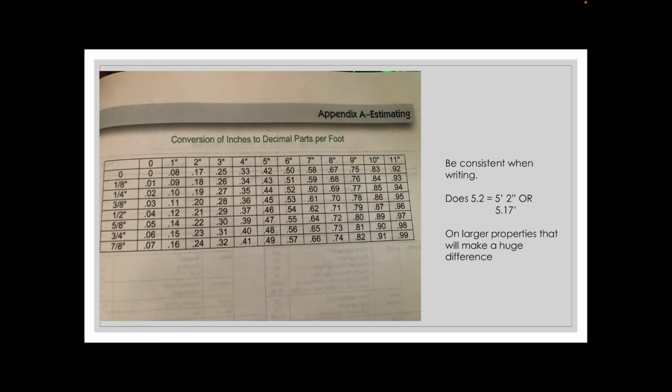And if you're the only one taking measurements and doing the design and doing the estimate, then it's fine. You can just be consistent. But if you have to hand that to somebody else, you need to make sure that they know what your notations mean. So here's a conversion for inches to decimal parts for a foot, but if you have inches, you just divide by 12, and then that gives you your decimal if that's what you're looking for.